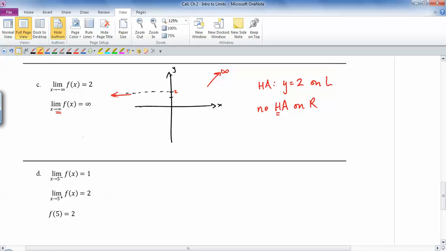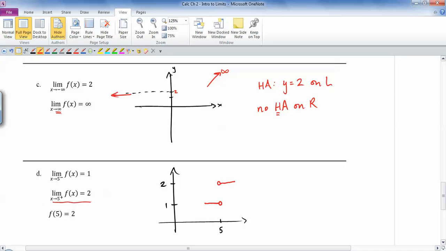So let's take each limit by itself. Need 5. So let's say 5 is here. And here's 1, here's 2. So as I approach x values of 5 from the left side, the y value is close to 1. So that's going to tell us something like this. And then as I approach it from the right side, I get close to 2.